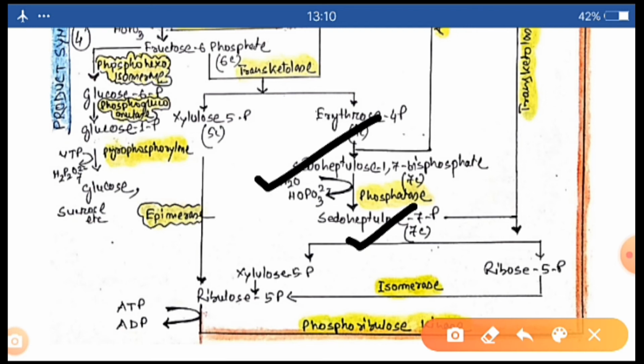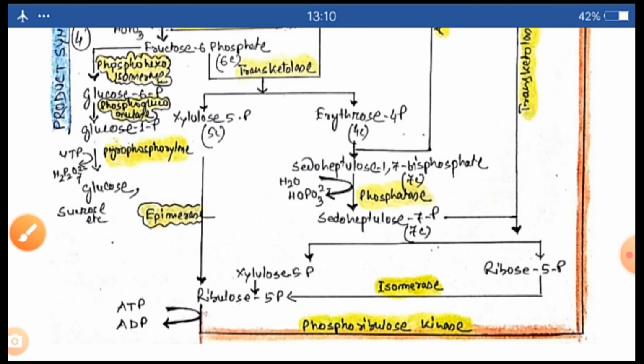That is, 4 carbon erythrose 4-phosphate is first converted to sedoheptulose 1,7-bisphosphate by the utilization of DHAP. And in the next step, sedoheptulose 1,7-bisphosphate is converted to sedoheptulose 7-phosphate. Okay, so a 7-carbon product is formed having 1 phosphate. So our aim is a 5-carbon product, but here it is 7-carbon.